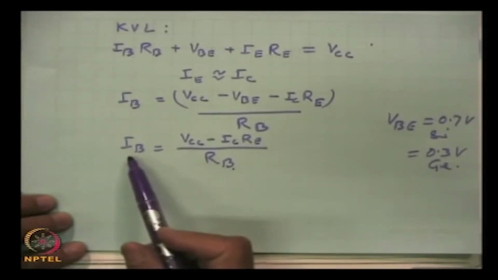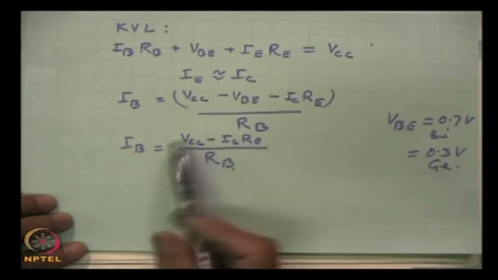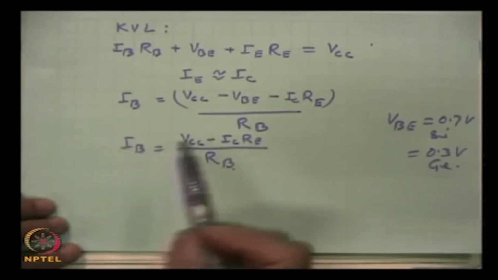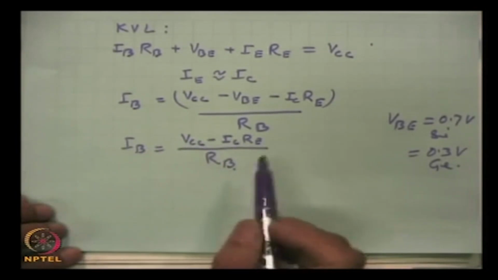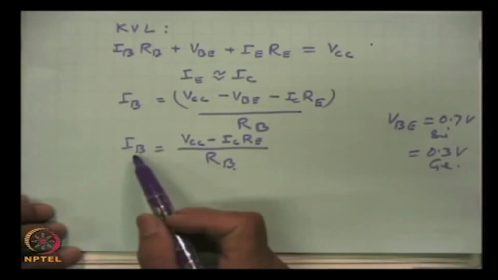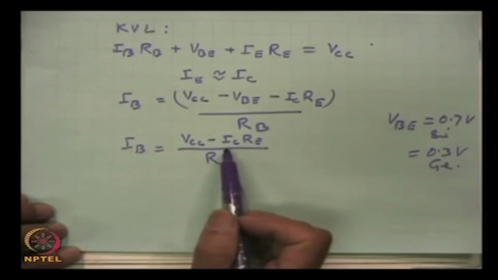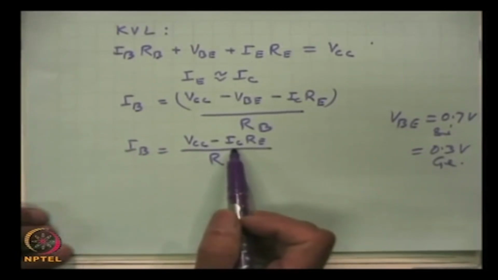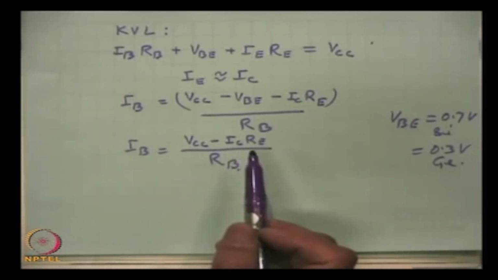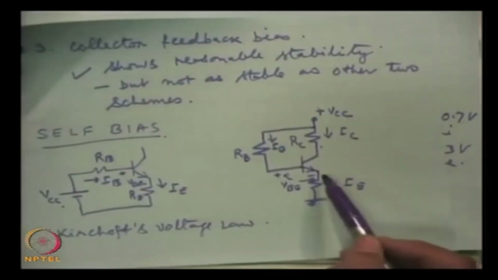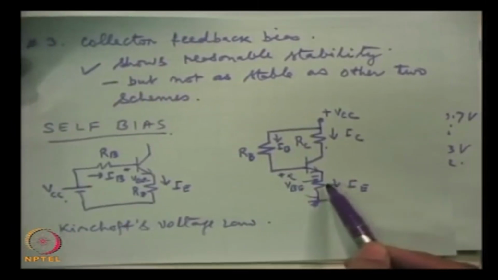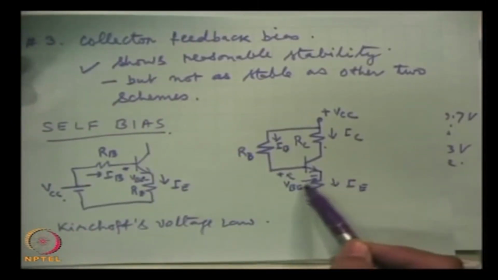Now, we can see the difference between the fixed bias and this self bias case. Here the input current is a function of the output current, and this has been possible because of the negative feedback which is introduced in the circuit because of this resistance.